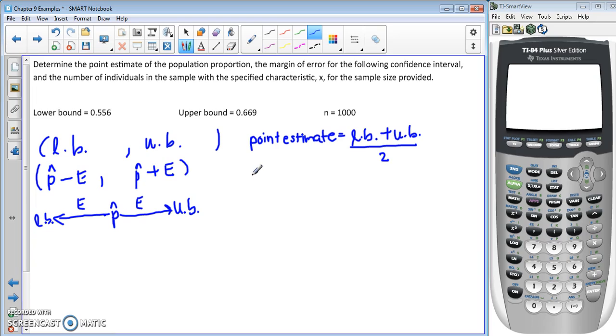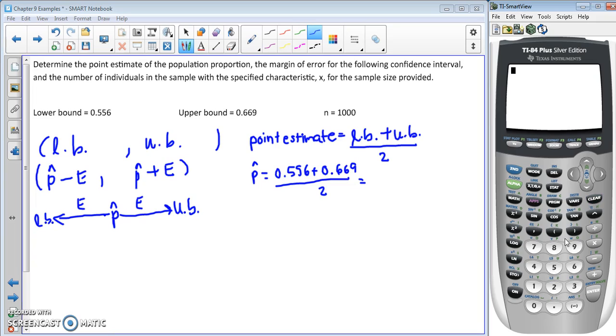So P hat, in this case, is equal to 0.556 plus 0.669 divided by 2. If I type that all in my calculator at one time, I want to put the top in parentheses. Remember order of operations, this would divide first and then add. So I need to put the numerator in parentheses so that it will add those first.